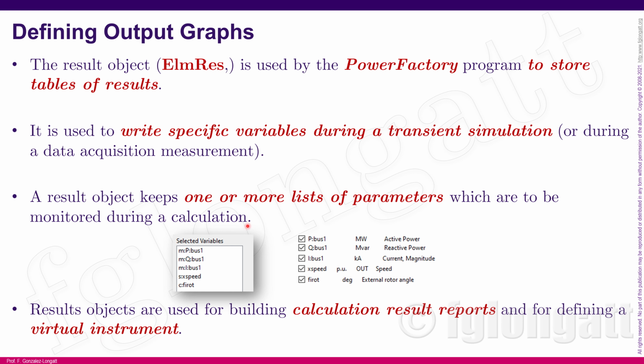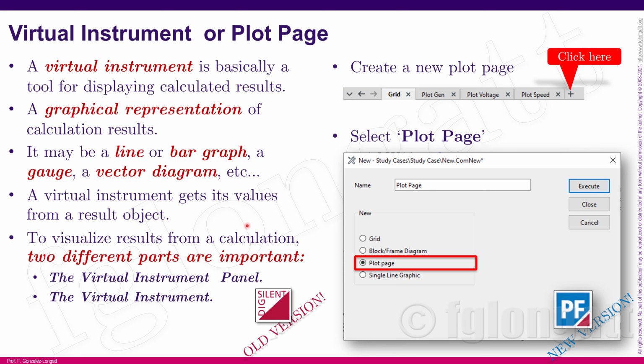If you have your variables inside the result variable, it's extremely simple. There is something called virtual instrument, and you can imagine the virtual instrument like a white paper where you will create your graphical representation. To be honest, it's extremely simple. If you are using the new version, what you need to do is something similar to Microsoft Excel. Click here and one new virtual instrument or plot page will appear.